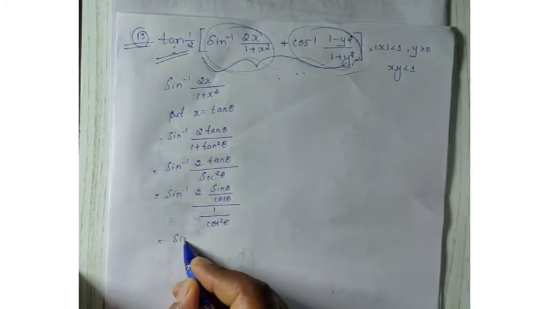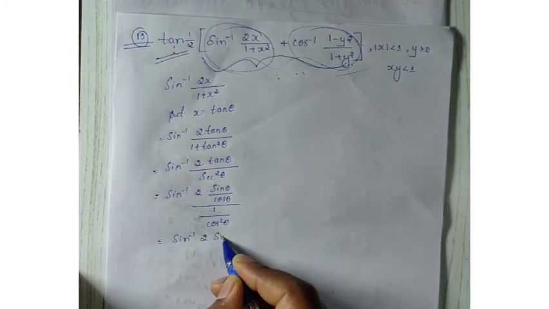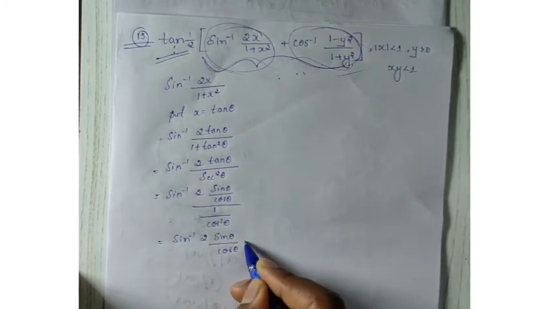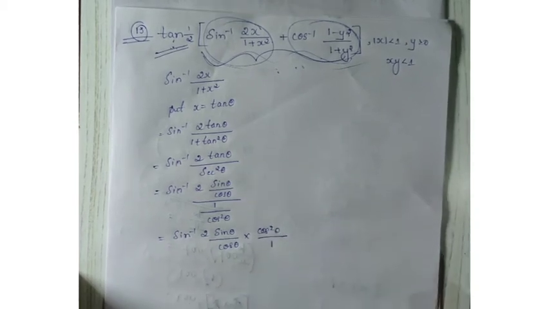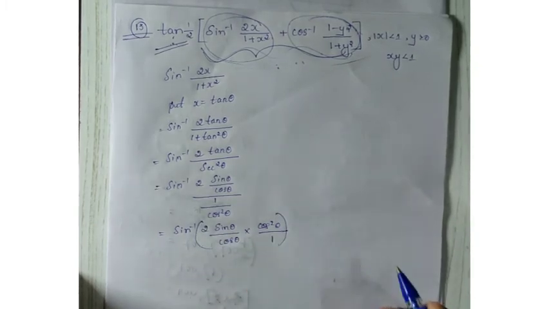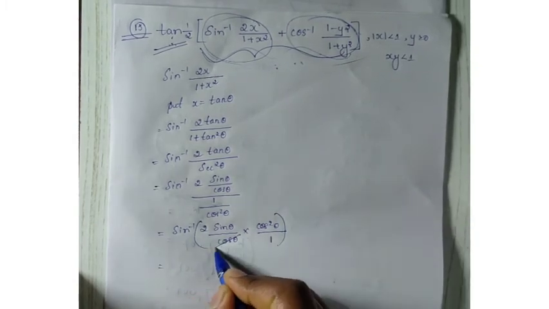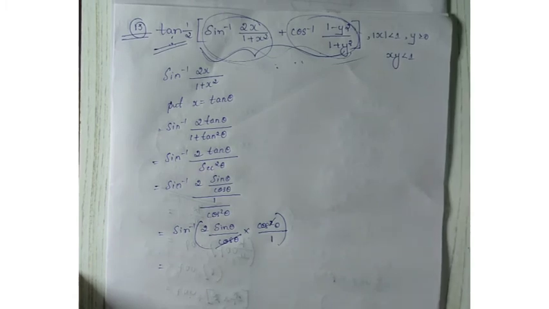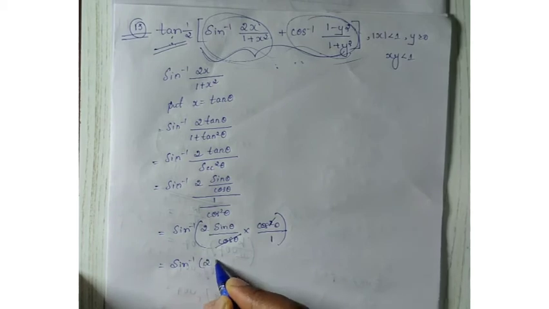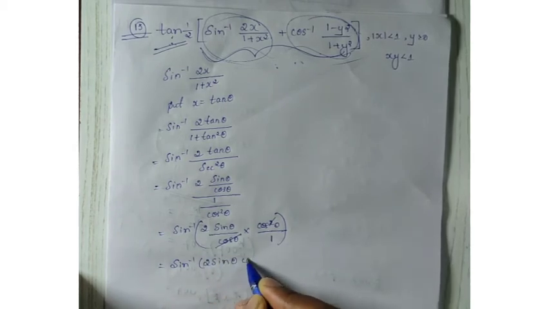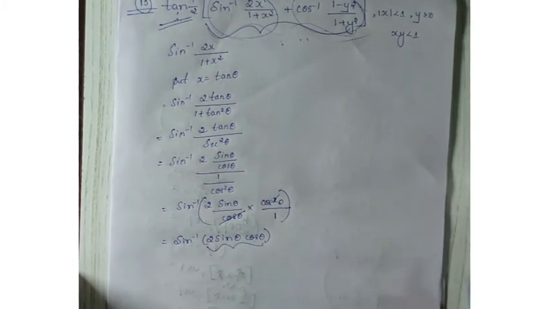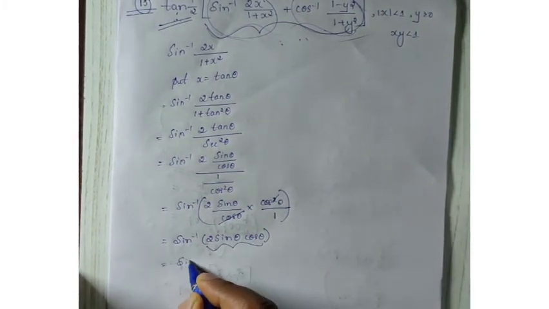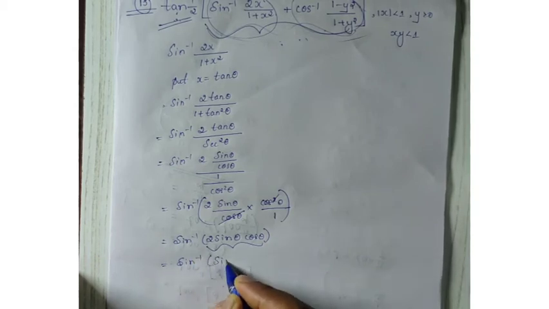So then sin inverse 2 sin theta by cos theta, and if you write the denominator over here, that is cos square theta by 1, right? Then this cos theta and this one cos theta will be cancelled. Therefore sin inverse 2 sin theta into cos theta. So you know that 2 sin theta cos theta can be written as sin inverse of sin 2 theta.